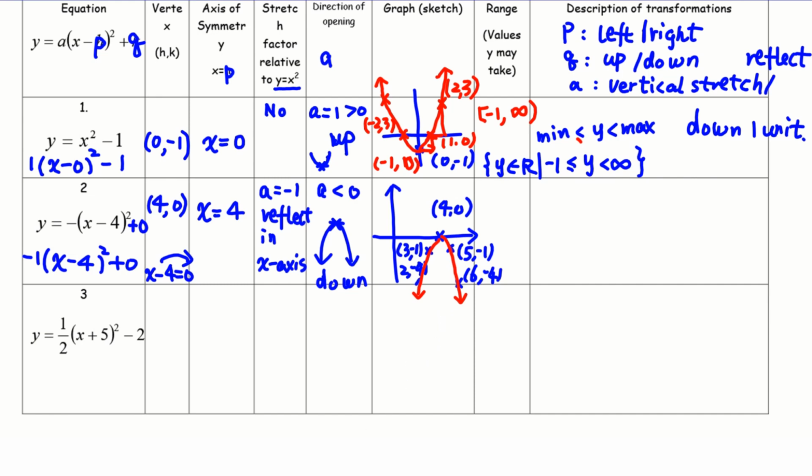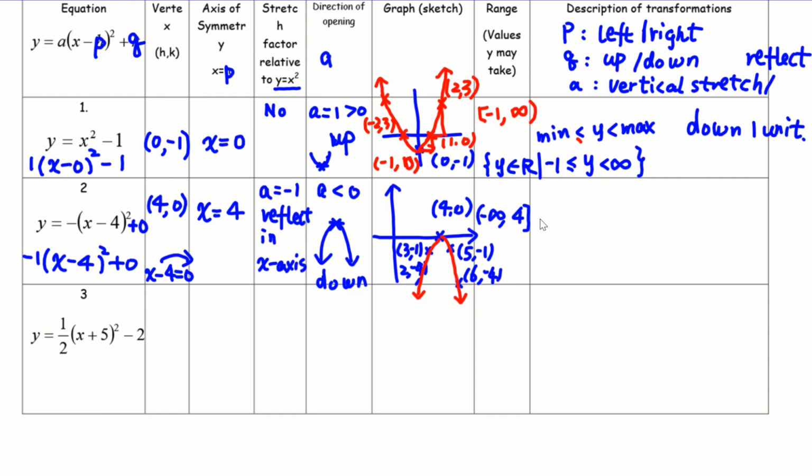Then for the range, the vertex is the highest point, so you have a maximum. So it goes from negative infinity, the minimum for your y values, to the highest point, which is 0. So the range is the y values, from minimum to maximum.